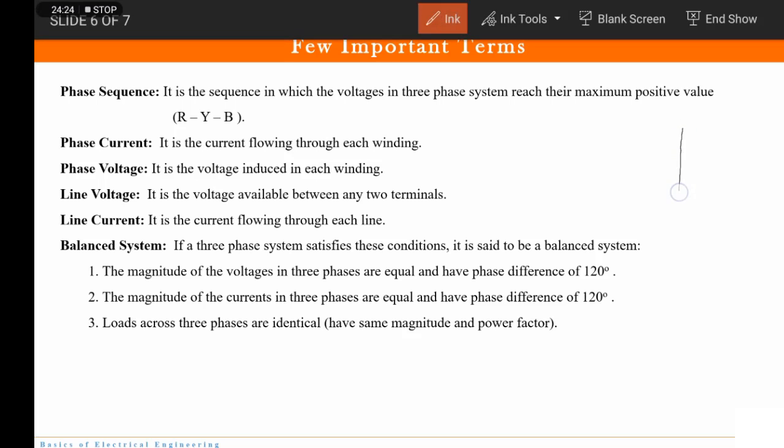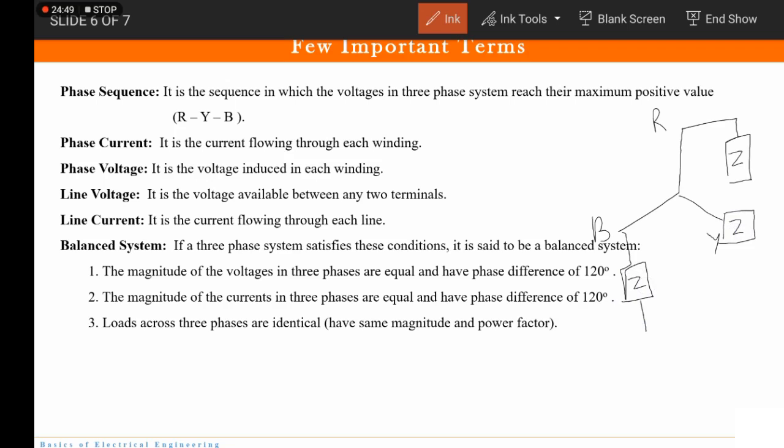Now again we shall draw R, Y and B. Now suppose I am connecting an impedance Z. If it is resistive, then I have to connect resistive load at R and at Y and B also. The same load has to be connected.